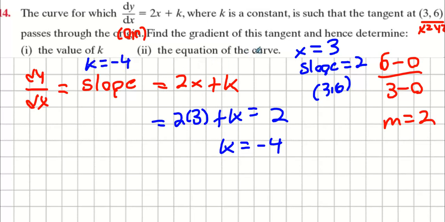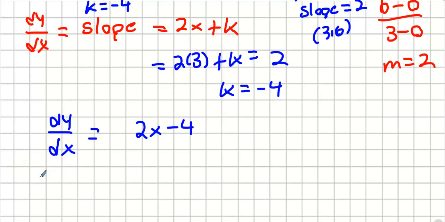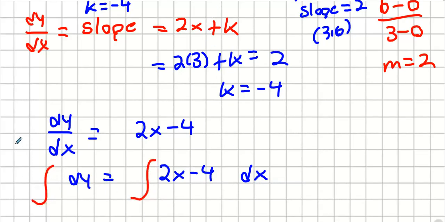Hence find the equation of the curve. The equation of the curve means getting y on its own. That's what we did in the last question. Does anybody remember what to do next? What do I do with the dx? Swing it over to your side. Okay, now what do I do? Integrate both sides, yeah?